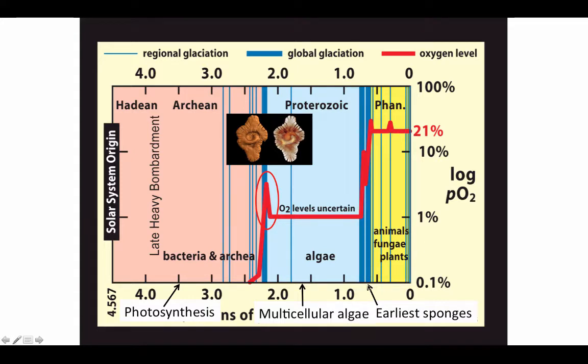And associated with these increasing oxygen levels, here we see the earliest sponges a little bit before 500 million years ago. And once we get up to current oxygen levels, this is when we start to see extreme diversification in the animal faunas in the ocean.